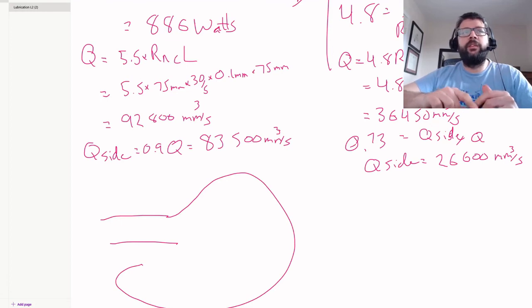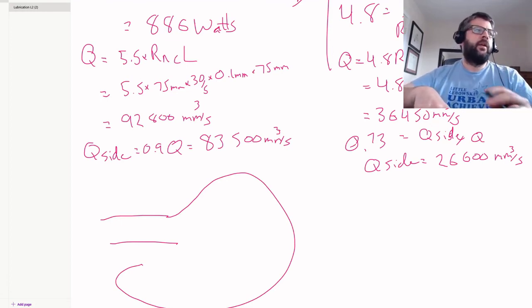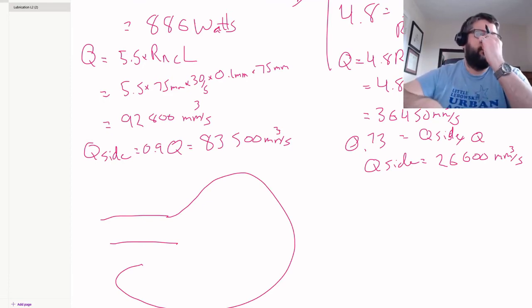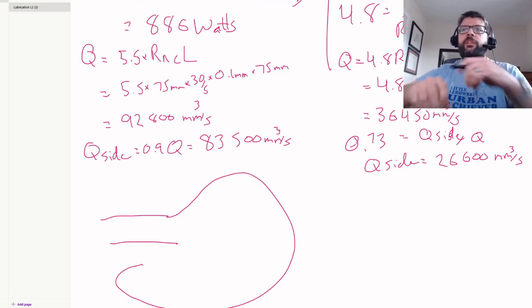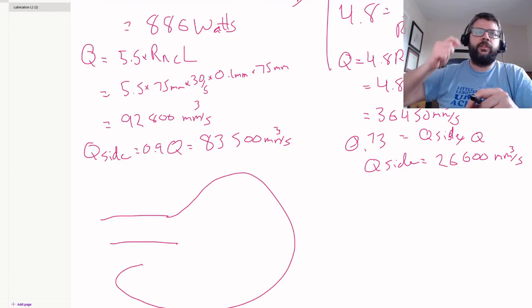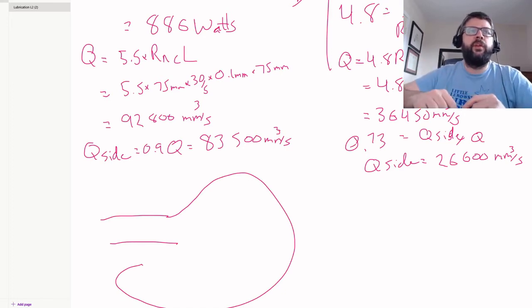Basically what that means is that the oil that gets recirculated, let's assume it's the same oil. It's not actually going to be the same oil, but it's going to be the same volume of oil. It's going to come in, and before it starts to mix with the side flow oil that's returning after being cooled, it's going to be at the outlet temperature.